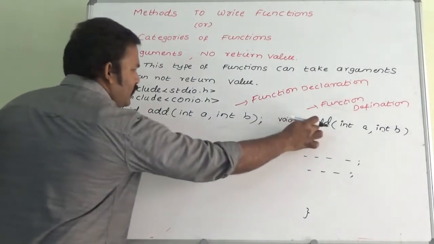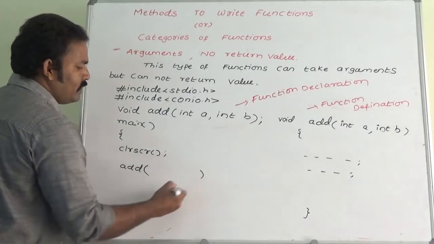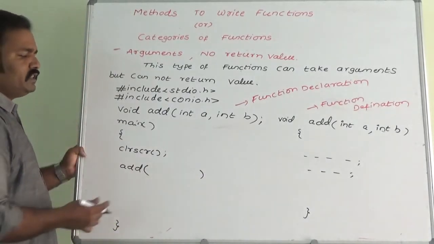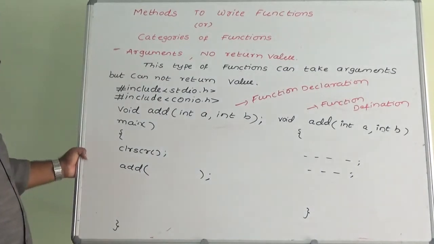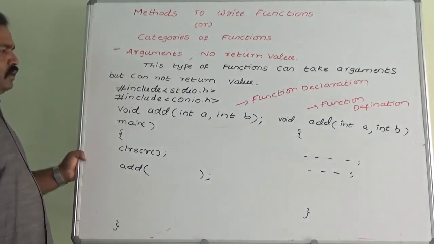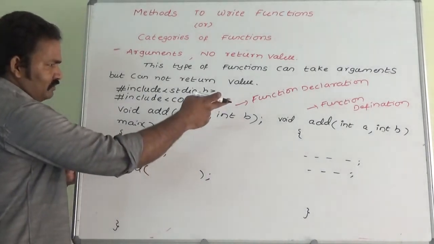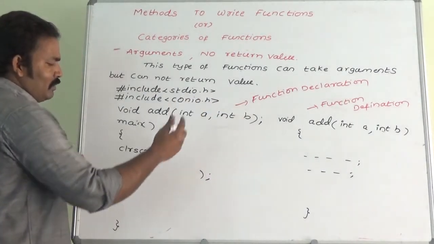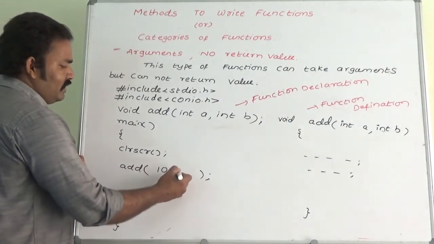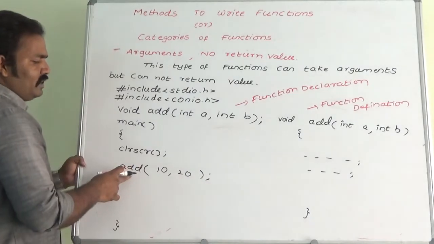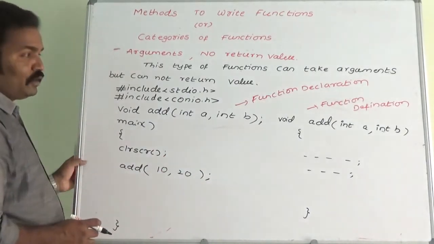A function can be called by using the function name followed by parameters enclosed within parentheses, and the function call statement should be terminated with a semicolon. I am calling the add function by sending two values as arguments.